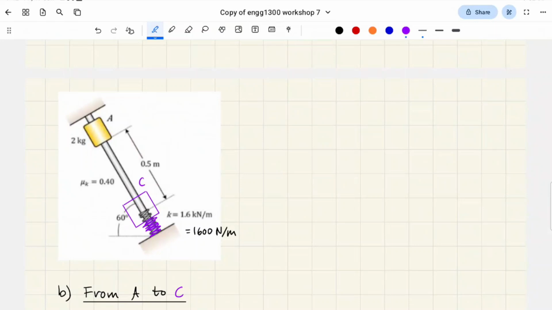In the answers they do it relative to delta x, I think. But we're going to do everything relative to s, and then subtract off however much for the maximum compression of the spring. So delta x would have been the maximum compression of the spring. Anyway, okay, we're going to set our datum here.